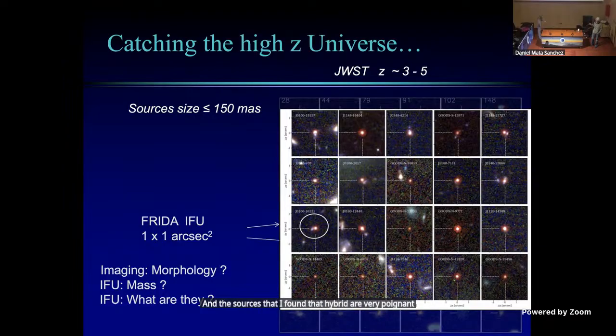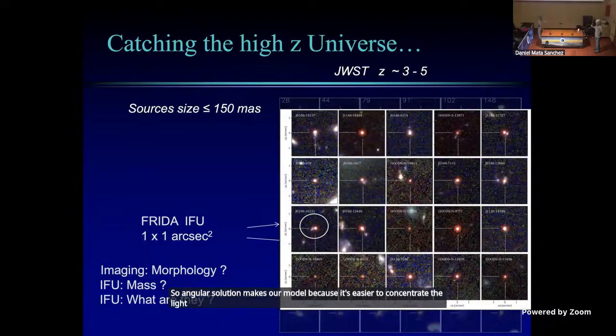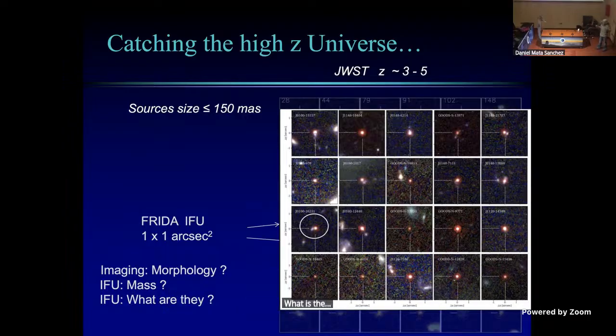So angular resolution matters, because it's easier to concentrate the light, and if we have angular resolution, we might be able to see where the host of this point source is, if they have a standard structure, where the galaxy behind it is.